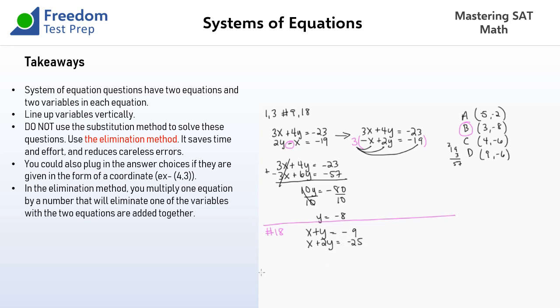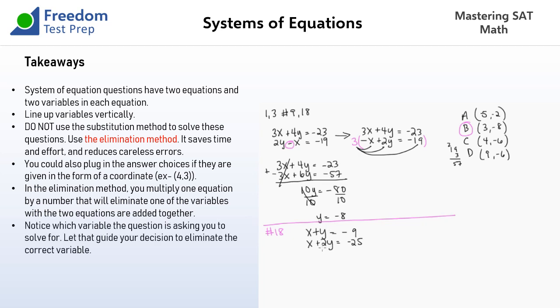Now, this time, the question is asking us to solve for x. So we definitely want to leave x in. We're going to try to get rid of the y. And if we multiply the top equation by negative 2, that will solve our problem. So instead of rewriting all of them, we can just bring this top one down. And we're going to distribute out that negative 2 to all of the elements.